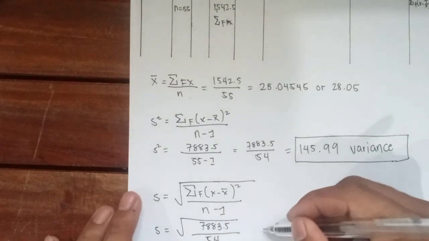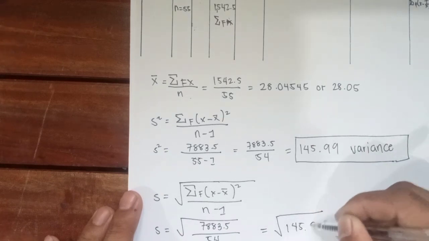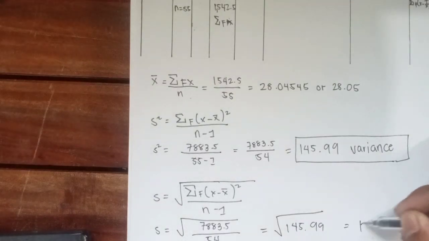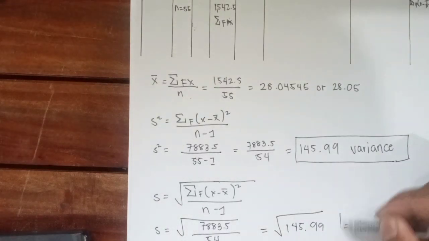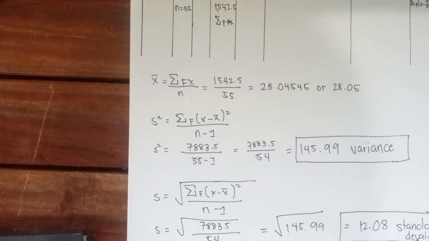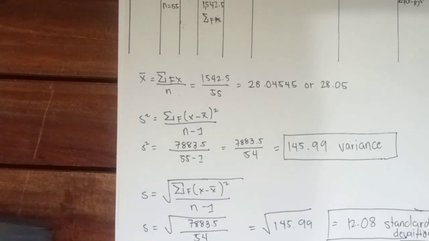Is equivalent to the square root of 145.99. So, lagay natin yan sa ating calculator. The square root of 145.99 is 12.08. So, ayan po ang ating standard deviation. So, nakuha na po natin gamit ang ating matematika. Maraming salamat po.